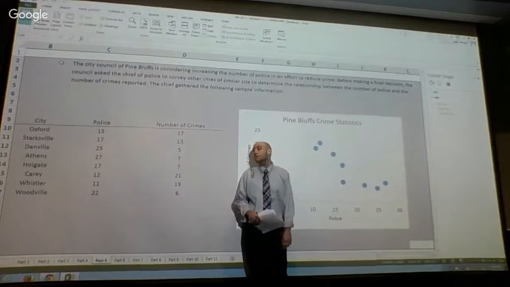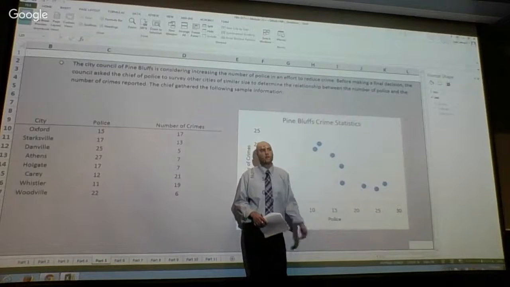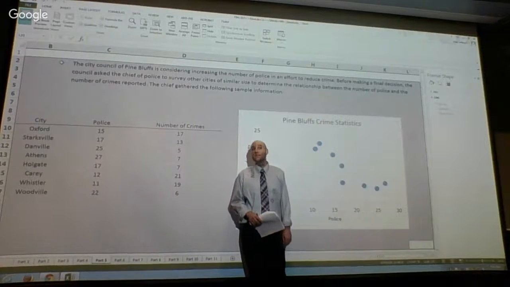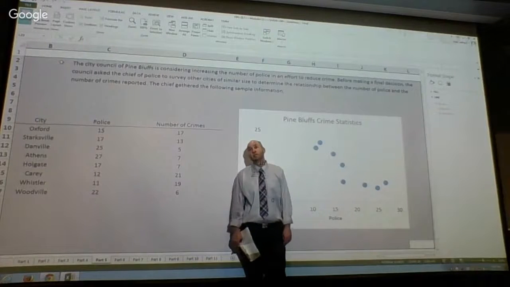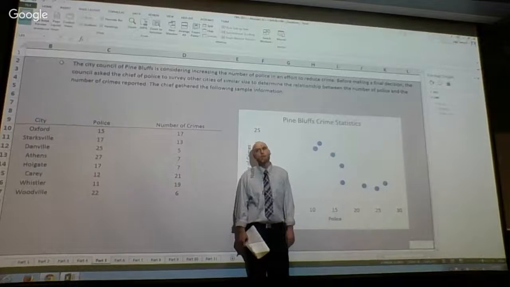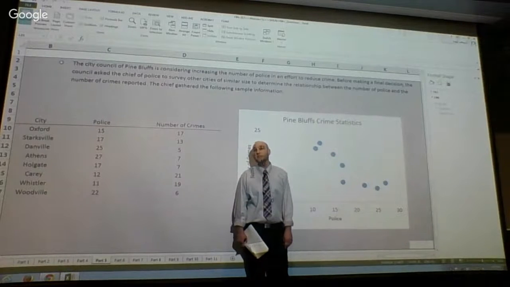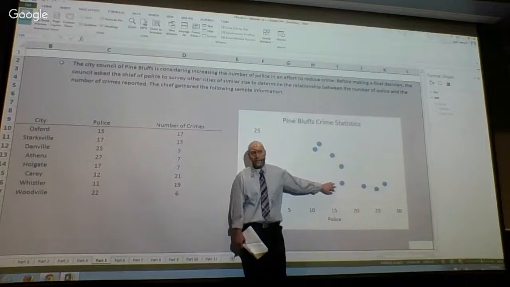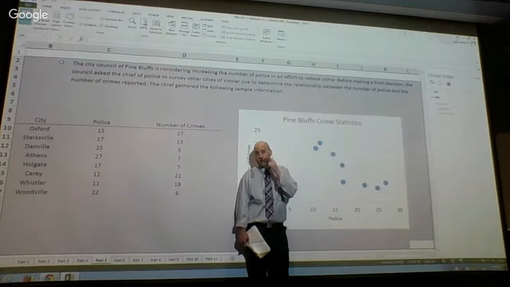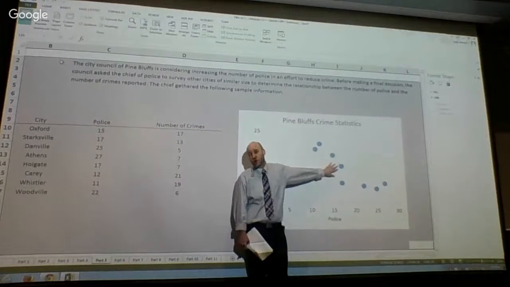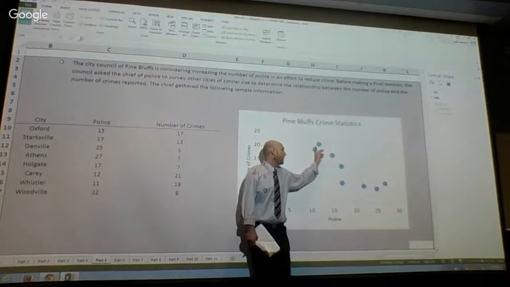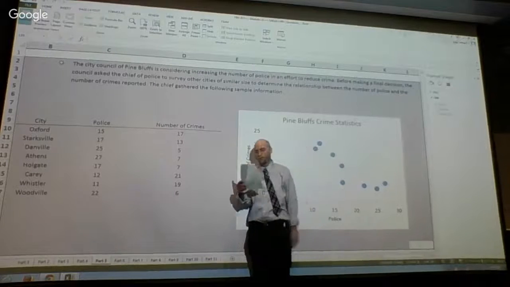If you can see the relationship and there's only 8 data points, that means that the relationship must be strong. If it were a moderate or even a weak relationship, you probably wouldn't be able to detect it with only 8 data points. The only types of relationships you're going to be able to detect with your eye with a few data points are strong relationships. And in this case, it's strong and negative.